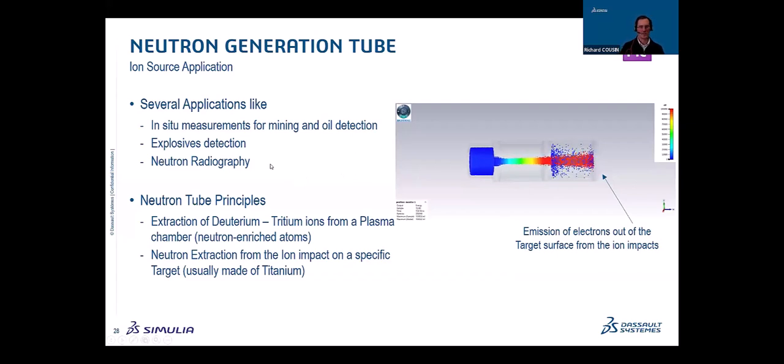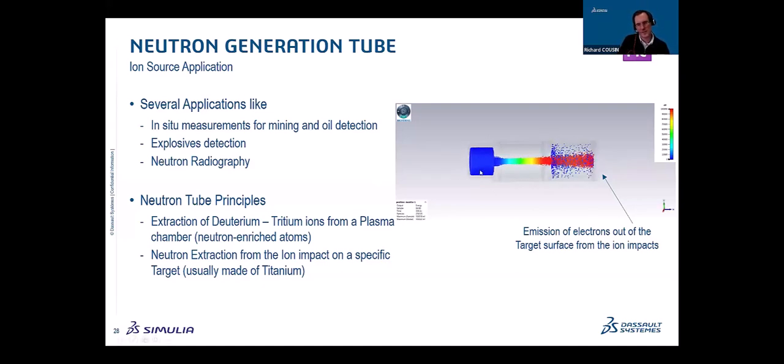Applications can be related to in situ measurements for mining and oil detection, for instance, and it can also be used for explosive detection or neutron radiography. We don't take into account the extraction of neutrons, but the device which is then capable of producing the neutrons afterwards can be fully designed and analyzed with CST Studio Suite.